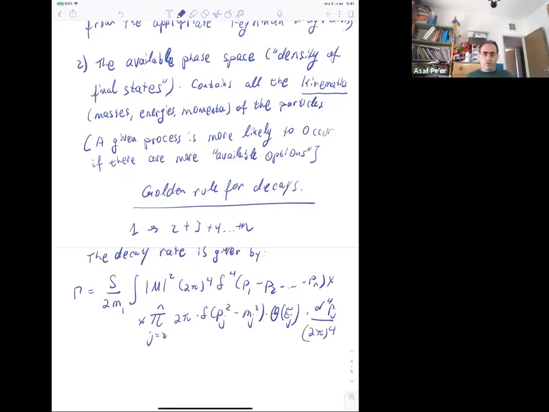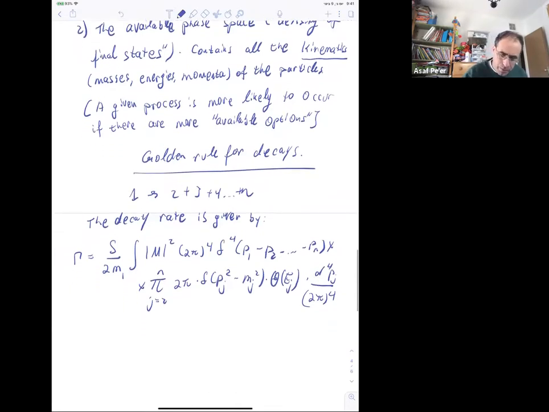That is the golden rule. Now, let's go one term by one term and see what it means.